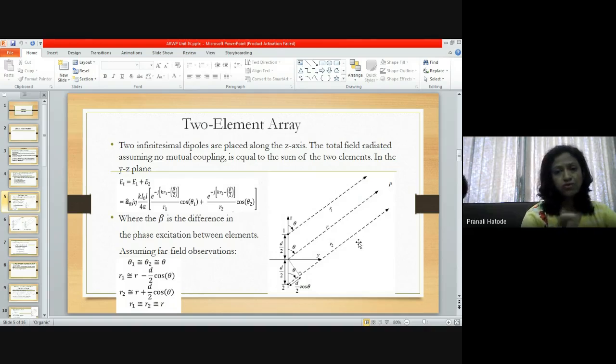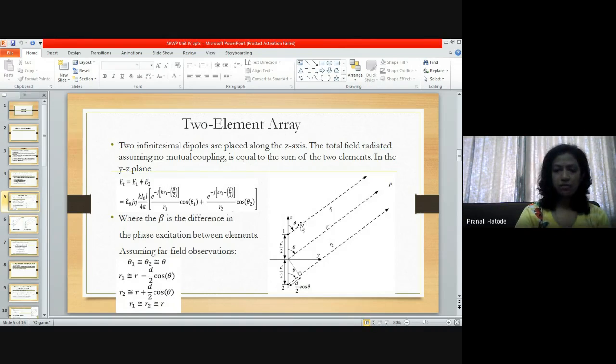Though the magnitude is identical, there is a difference in the phase.